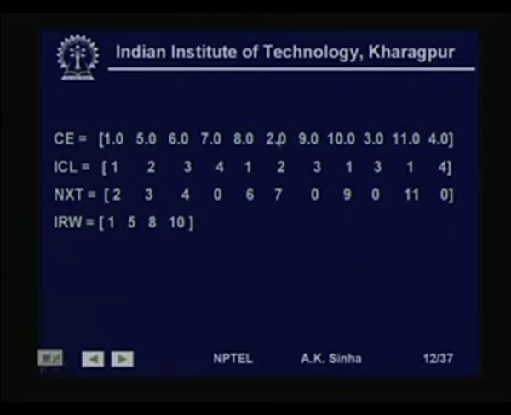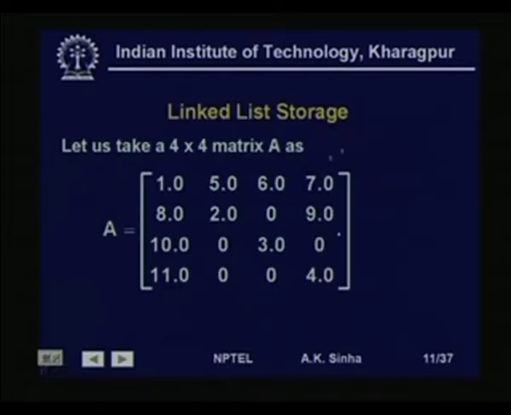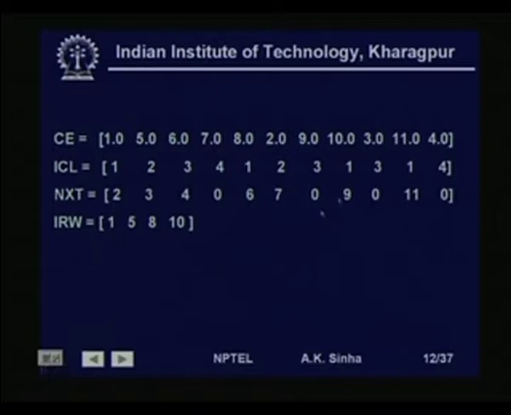The next element in the same row is 9, and this is at position number 7. So, we have 7 as the next number. Again the row ends, so there is no next element, and this is indicated by a 0.